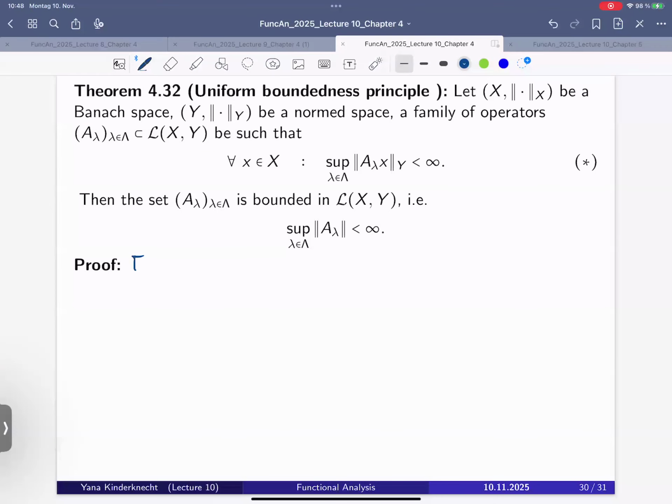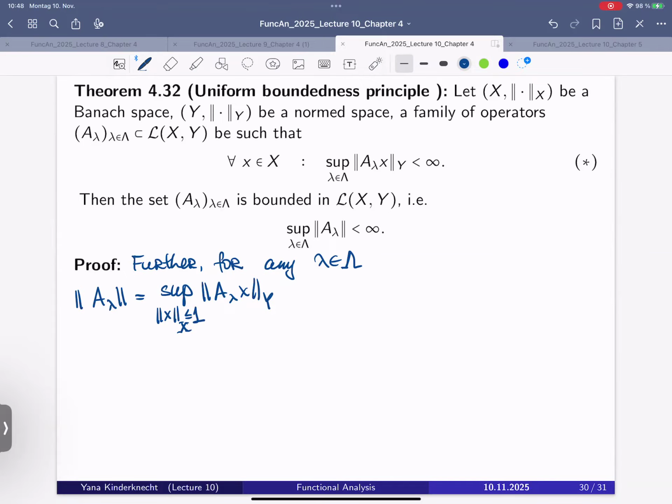Further, for any lambda in Lambda, the operator norm of A_lambda, by definition, is the supremum of the norms of A_lambda x in Y, where the supremum is over all x in the unit ball in the space X. Okay, now we may make a rescaling using the linearity of A.